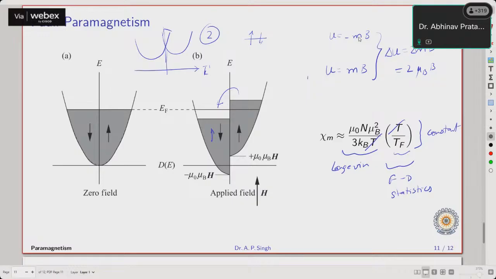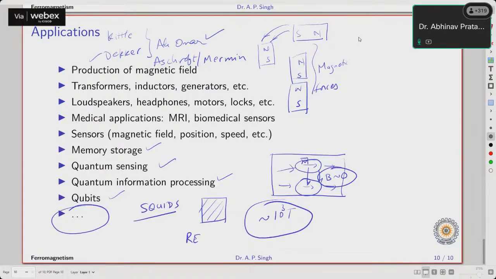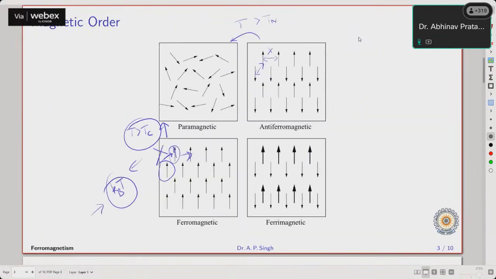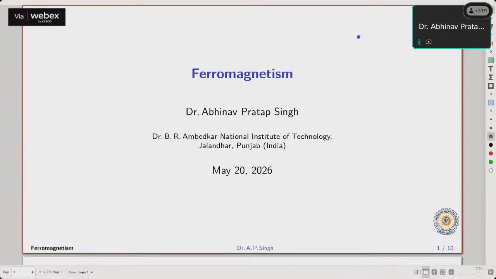But in case of ferromagnetic materials, you can have states which behave differently for spin up and for spin down. So in ferromagnetic materials, for example, you can have a band structure something like this, where even if you have not applied any magnetic field, and let us say this is energy and this is K, you might have some magnetic states here and some magnetic states here.